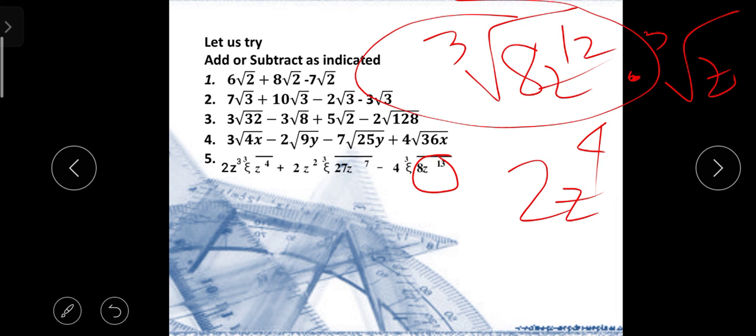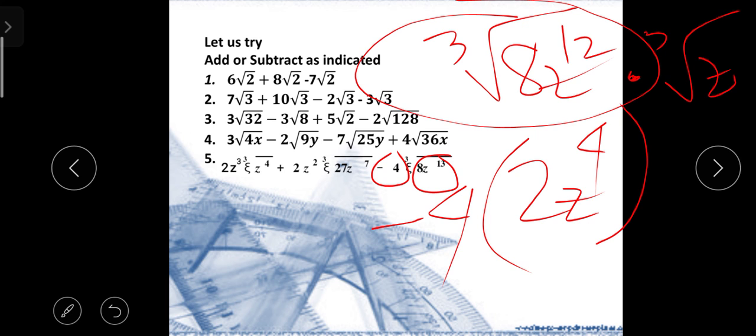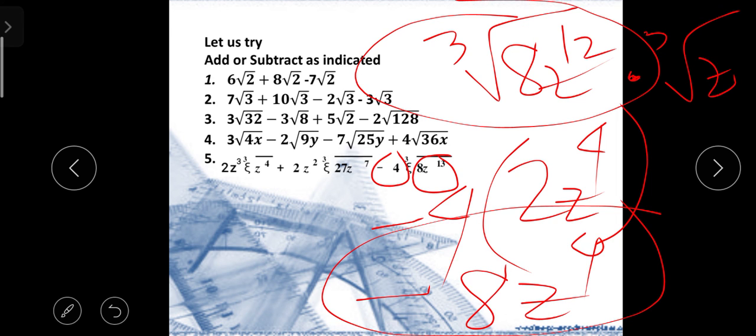So, si 2z raised to the fourth power ay yung imumultiply natin doon sa original na nasa labas. Yung original po na nasa labas is negative 4 lang. Wala siyang kasamang variable na z. So, 2z raised to the fourth power multiply by negative 4. We will get negative 8z raised to the fourth power.